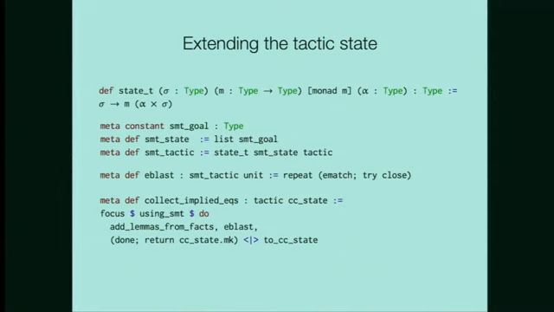Suppose that you have a monad M, and you want to carry extra state delta. What this monad transformer gives you is a new function from delta to M of alpha product delta. It's not going to just produce alpha, but it's going to produce the new state delta. Internally in Lean, we have something we call SMT goal.